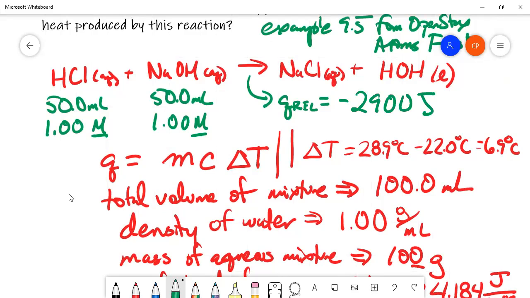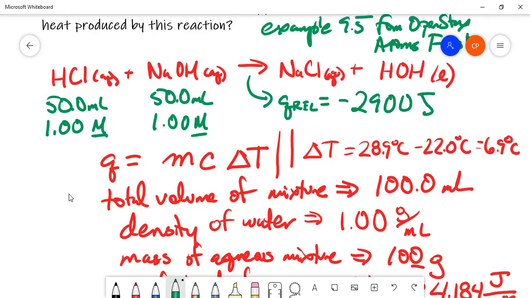Q absorbed is the negative of Q released. And this is a piddly little arithmetic thing with a whole lot of meaning behind it. Okay?